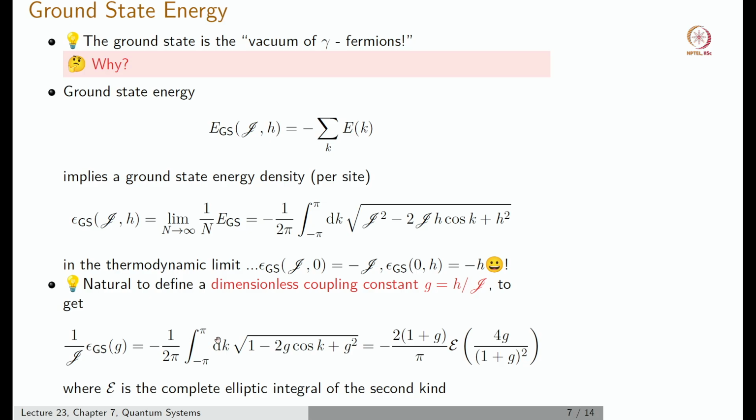You can express it in that form, and therefore you can express the ground state energy by an exact result in the thermodynamic limit, by an exact known special function. Okay. So this is a remarkably beautiful result, which we can derive based on the transformation from qubits to fermions.